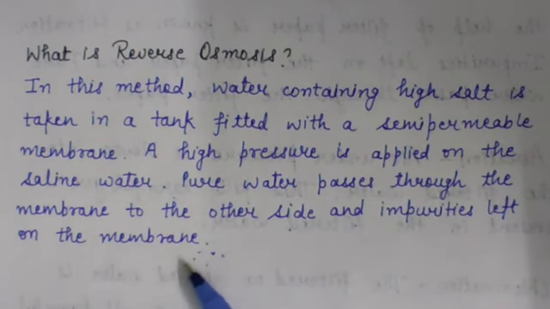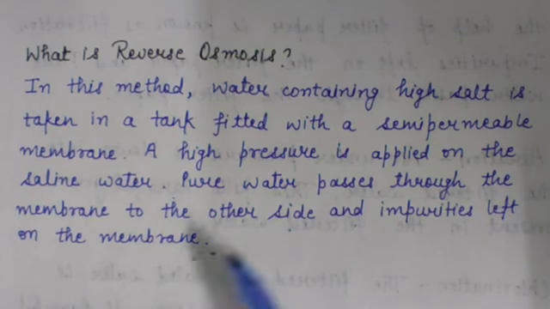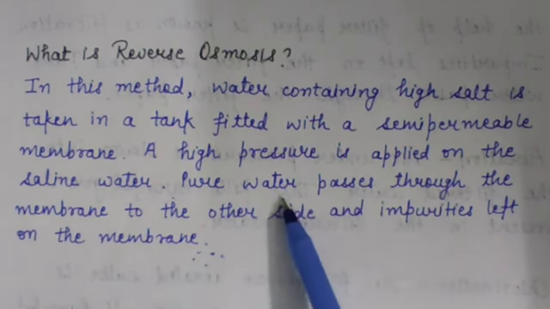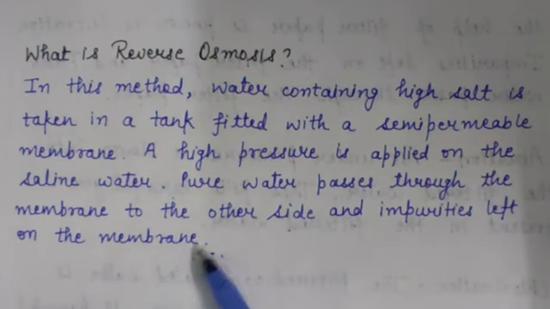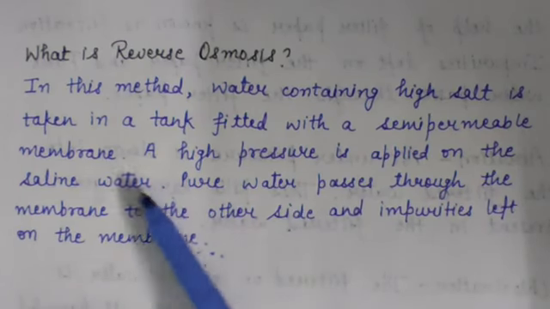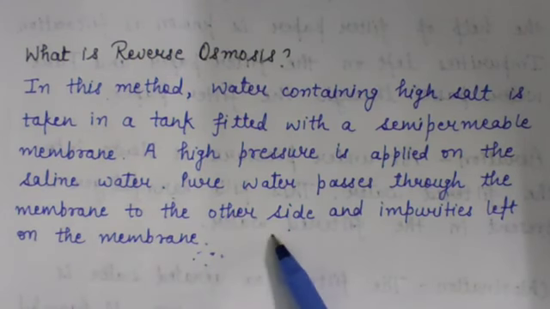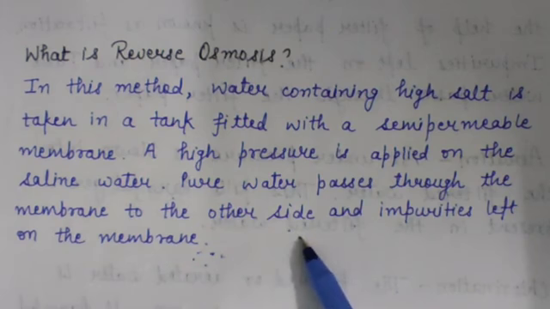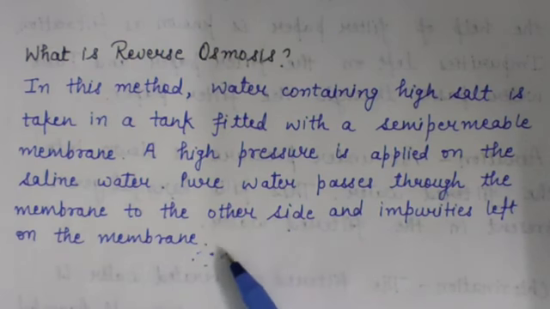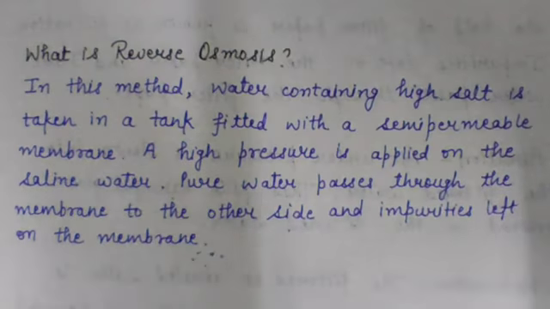In this way, we can separate the impurities from the water and we will get the pure water. So this is the procedure of how reverse osmosis works. Okay, how RO works. So it is the method of water purification.